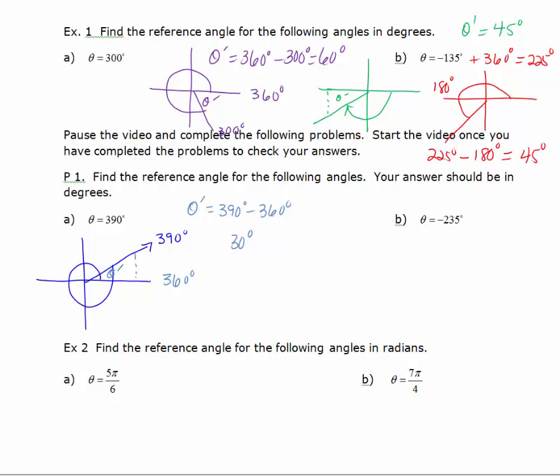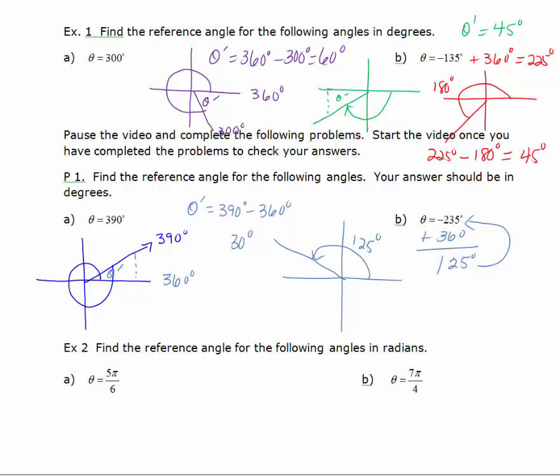With the negative angles, I think it might be easy for you to first just find a coterminal angle that's between 0 and 360. So I'm going to add 360 to find a coterminal angle. If I want to draw 125, I know that's beyond 90, but it doesn't hit 180. So this would be the 125 degree angle right here.